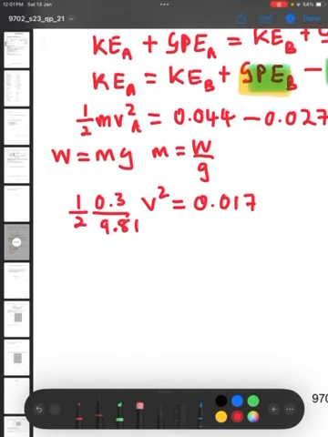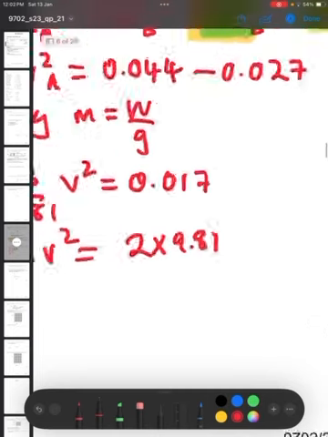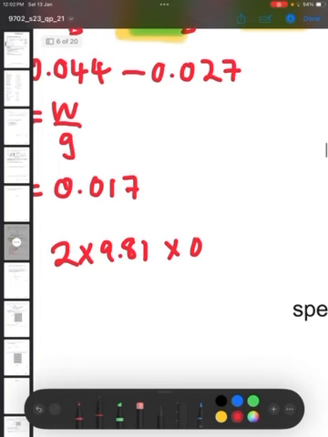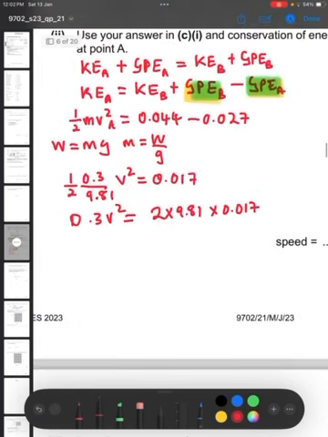Then we multiply both sides by the denominator. For now, just leave 0.3 here. V squared is equal to 2 times 9.81 times 0.017. Then we divide both sides by 0.3.